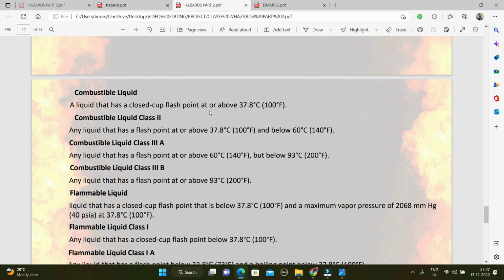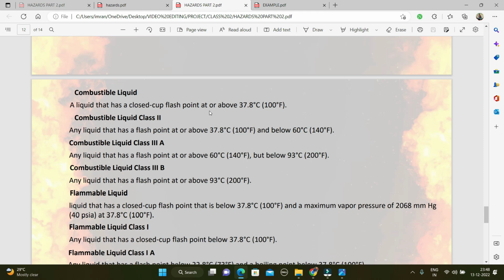For example, petrol has a flash point of about minus 43 degrees Celsius; you can Google it. It means it will ignite very fast.